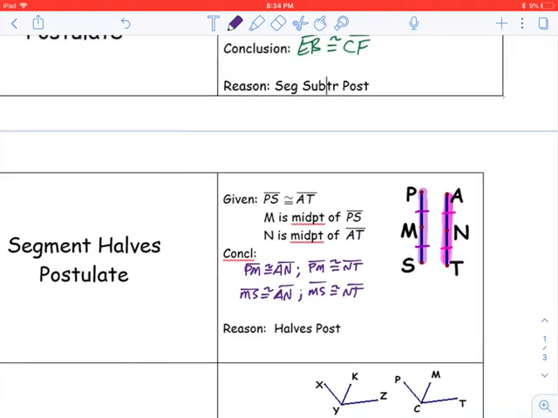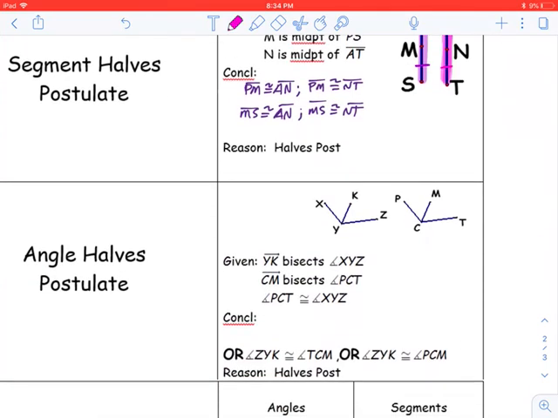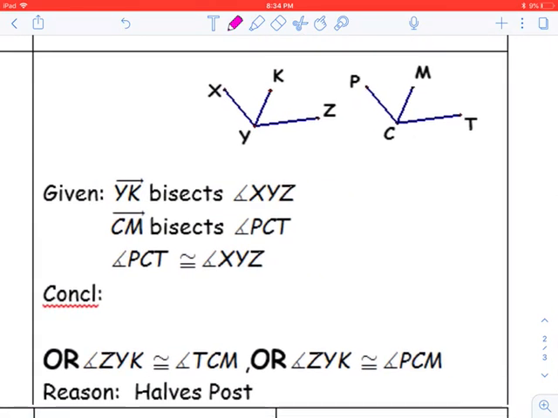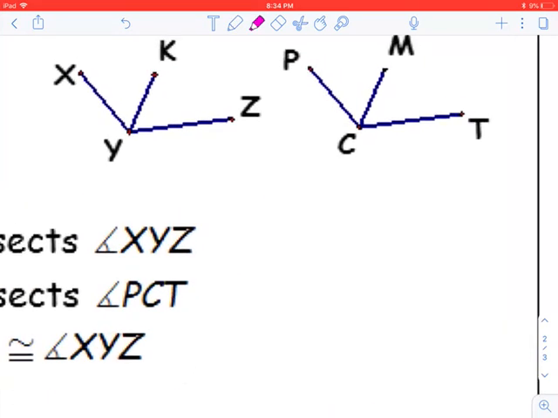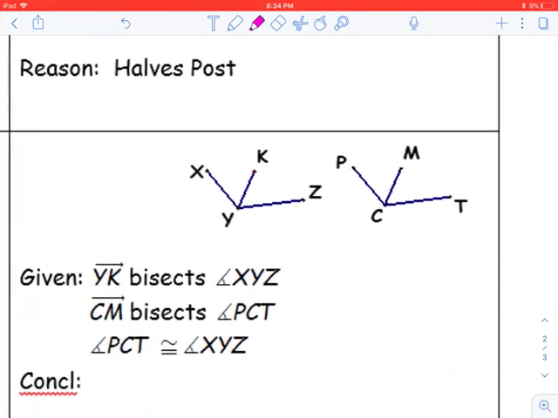So, same thing for the angle. Okay, so let's look at the angles here. Angles halves postulate. So first of all, let's look at the last given here. It says PCT and XYZ. So PCT is this whole thing, right? And XYZ is this whole thing. Okay?